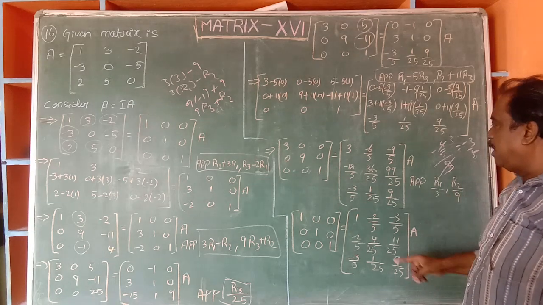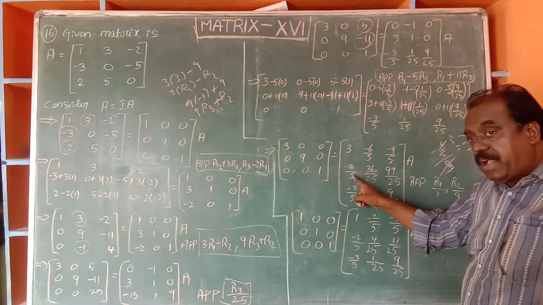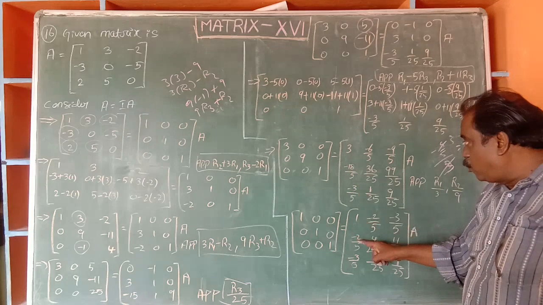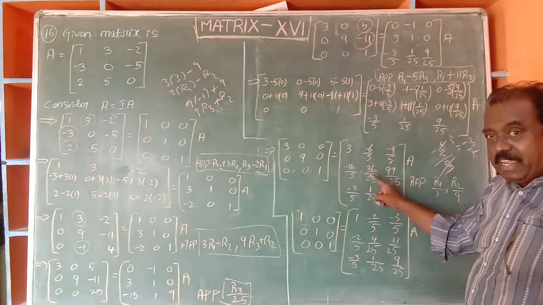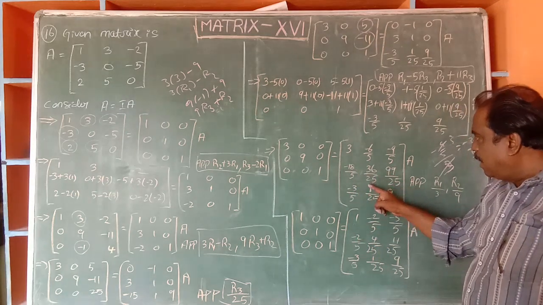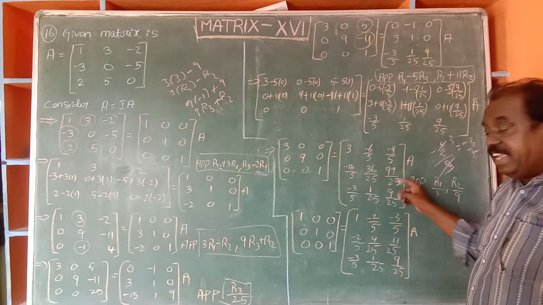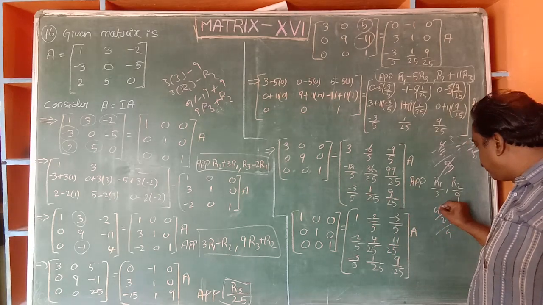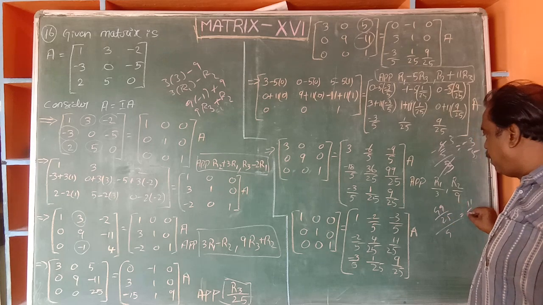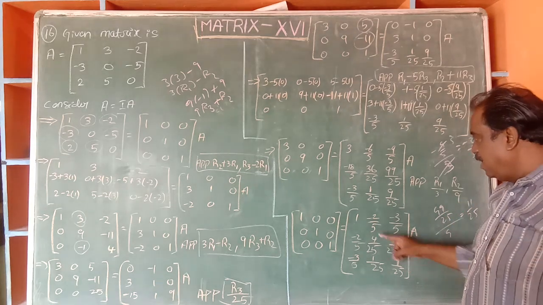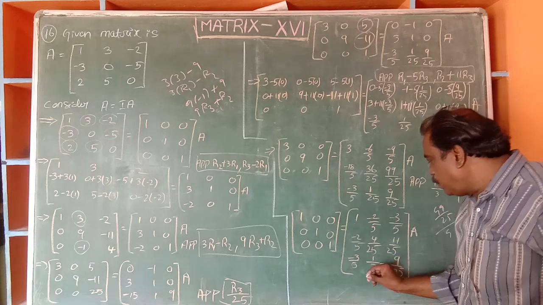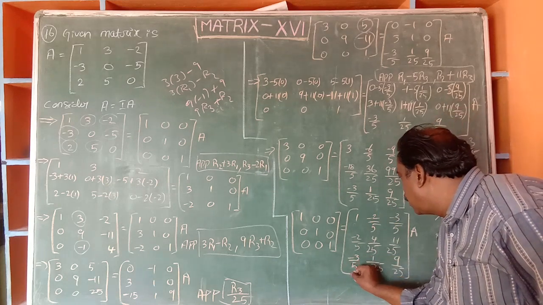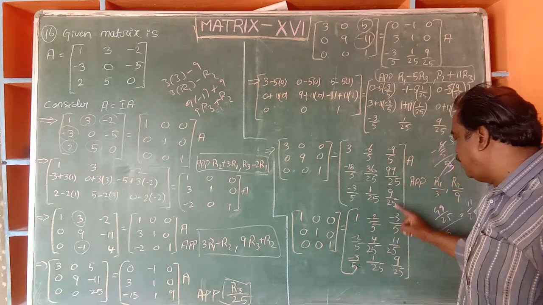Similarly, R2 by 9, minus 18 by 5 by 9, 9 twos, minus 2 by 5. 36 by 25 by 9, 9 fours, 99 by 25 by 9, that is 11 by 25. Okay, na? And the rest is as it is.